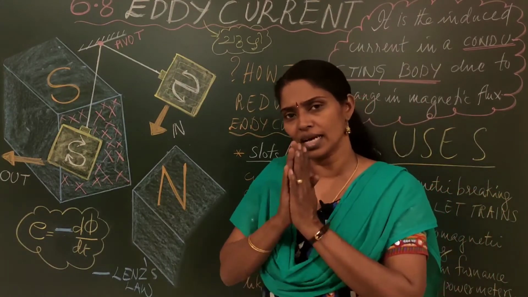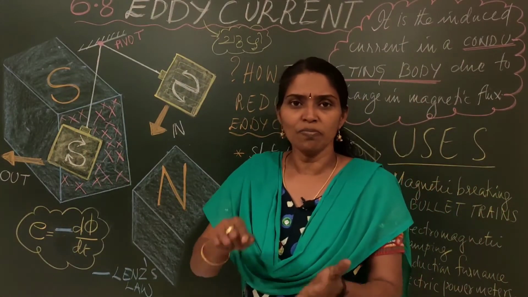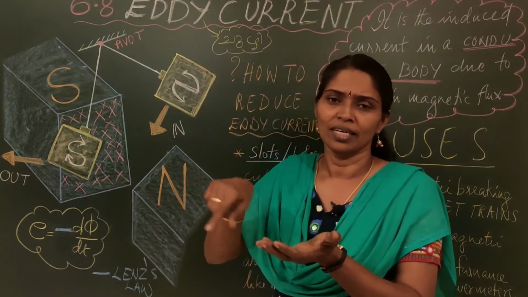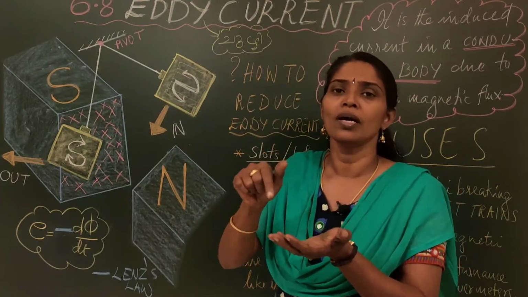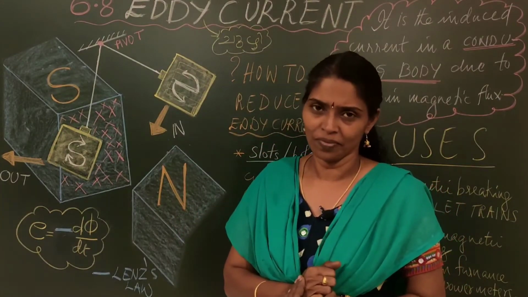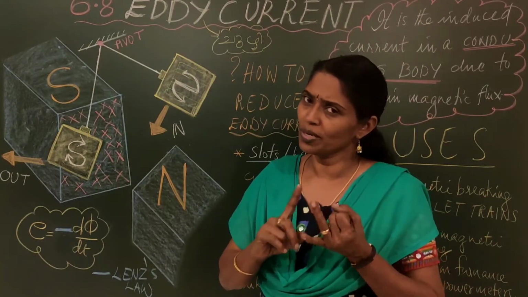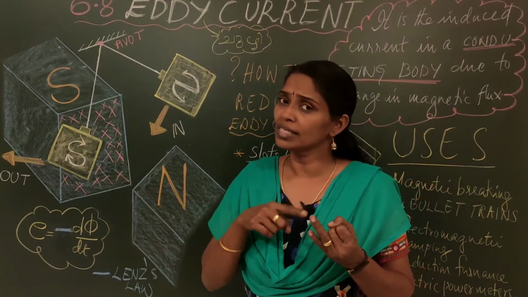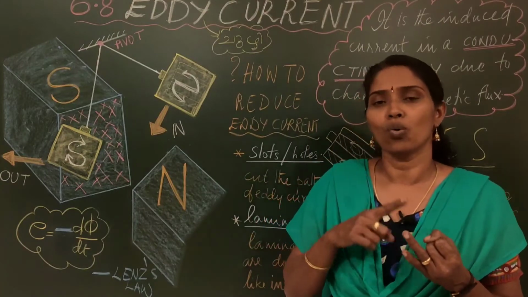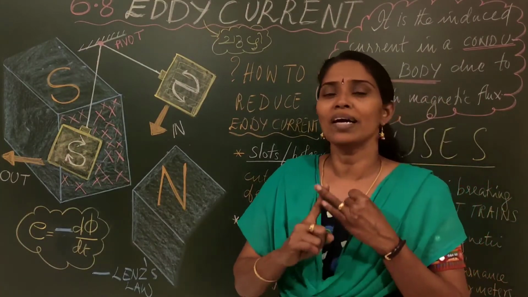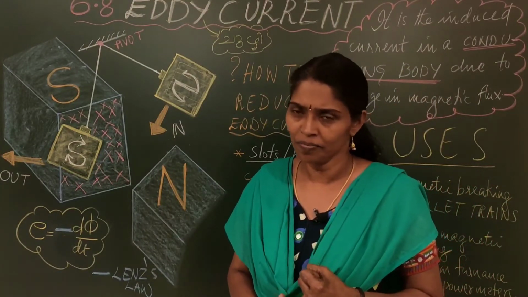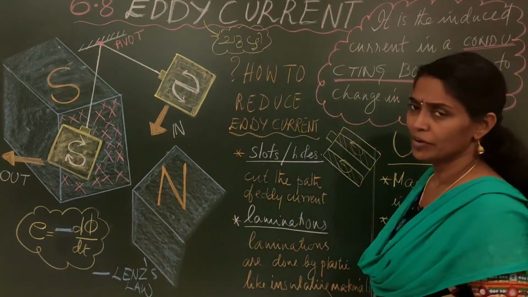So eddy current is nothing but induced current. Just because the nature is resembling a whirlpool, it is known as eddy. Clear? So two questions answered. Why there is sudden damping and why there is the name eddy current. Clear? Okay.